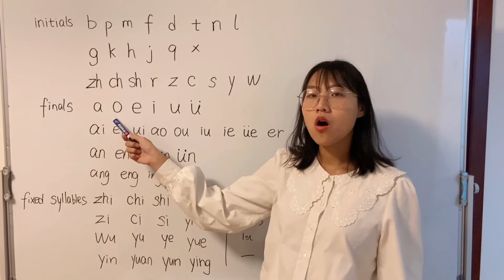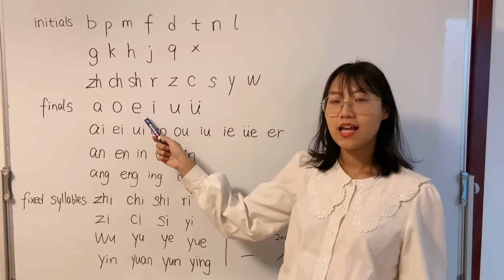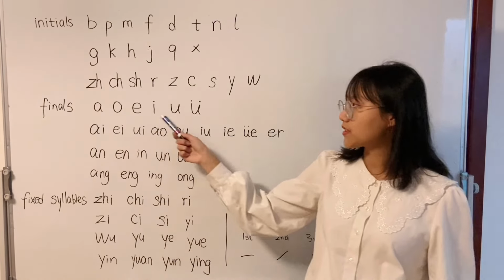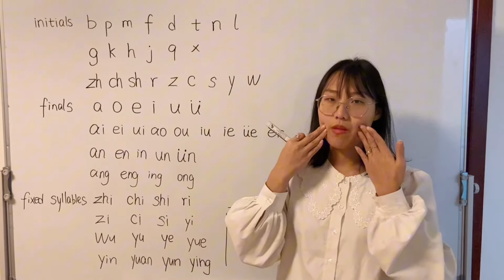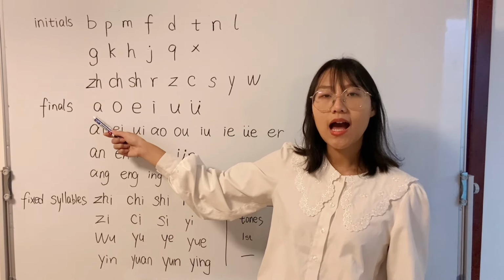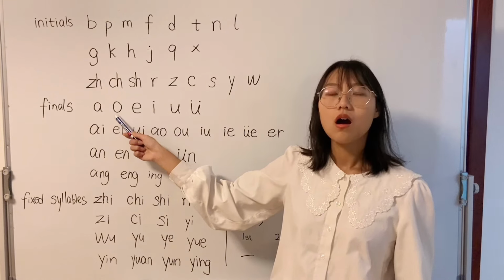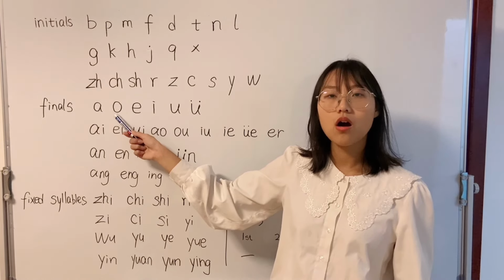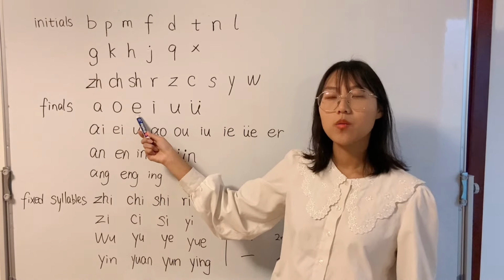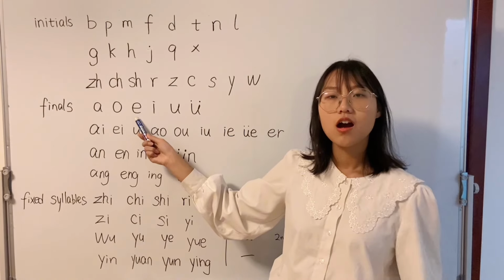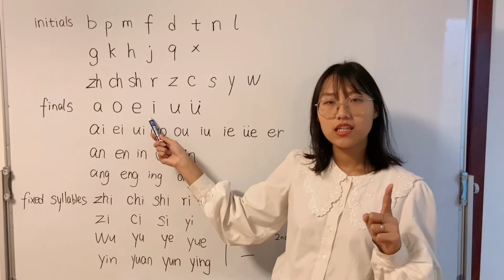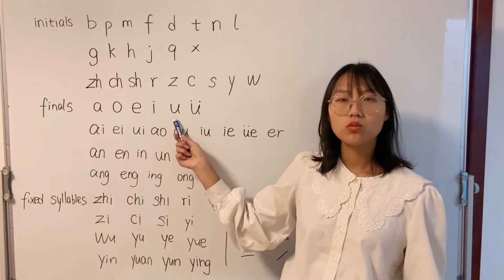Look at the finals. A, o, e, i, u, ü. In the first line, you don't change the shape of your mouth. So the first one, open your mouth really wide. Ah, ah. Oh. This one, you open your mouth smaller, e. Oo, oo.